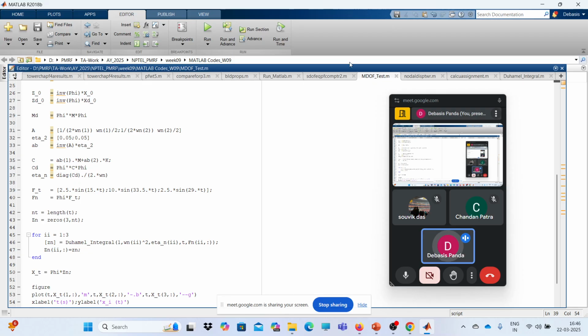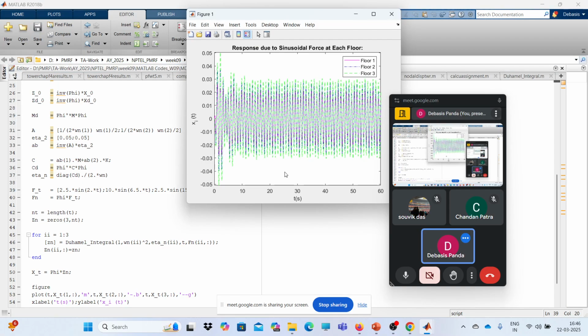So it is very important to take care of the resonance frequency. If resonance occurs, we will have the maximum dynamic responses.